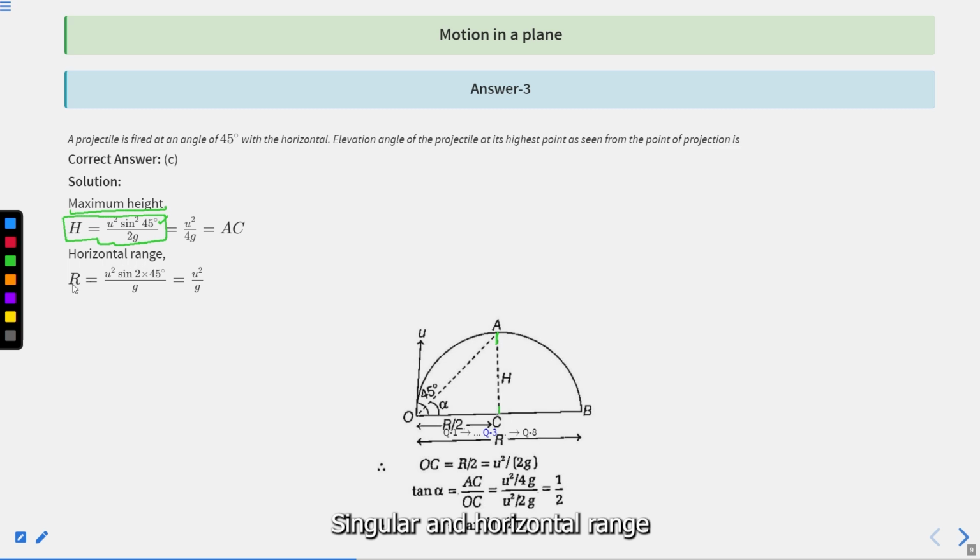And horizontal range R equal to u square sine 2 into 45 degree divided by g. This is the horizontal range. Clear? This is horizontal range, and this is maximum height. Clear? So the question asked about the angle.